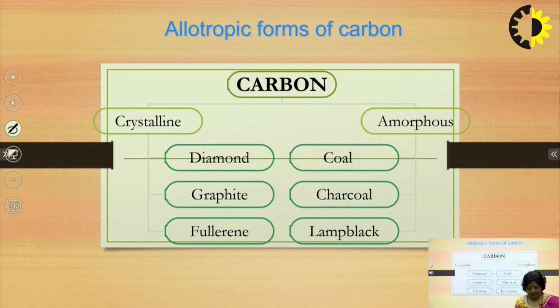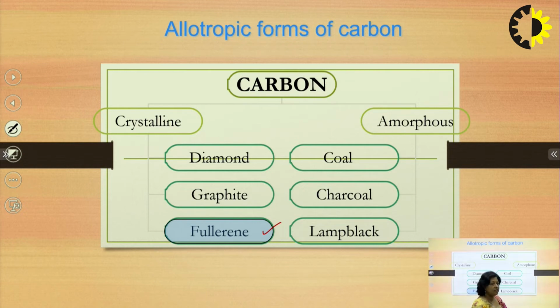I hope till now you have got the complete information about graphite. The other allotrope of carbon we are talking about now is fullerene. Fullerene has a very interesting history.